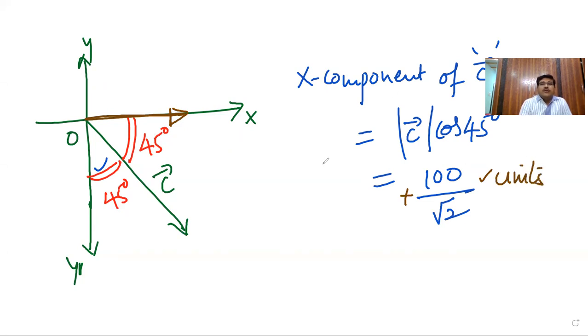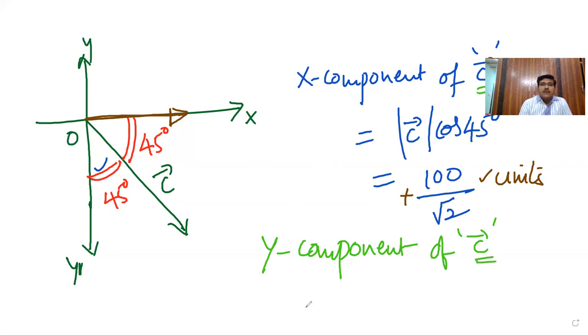Now I want the y component of c bar. Clear? Now, what is the y component? The modulus of c bar, this is the angle I have taken, so c into the y component becomes sine 45.